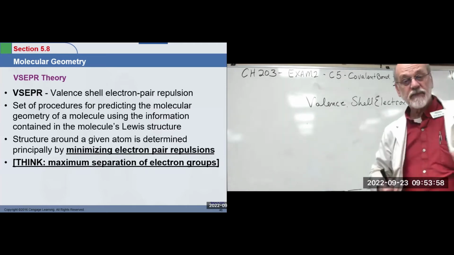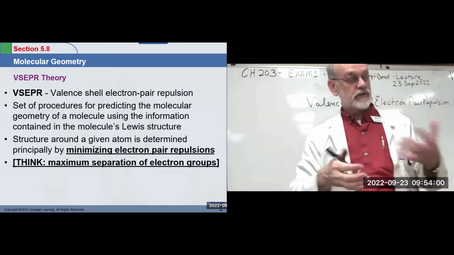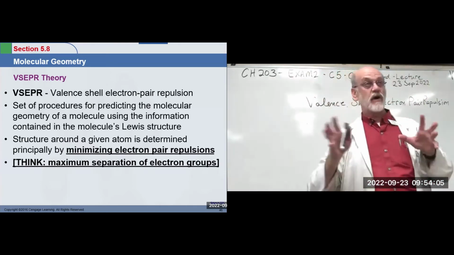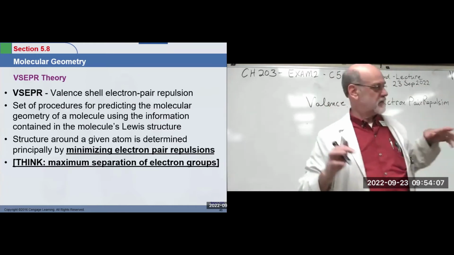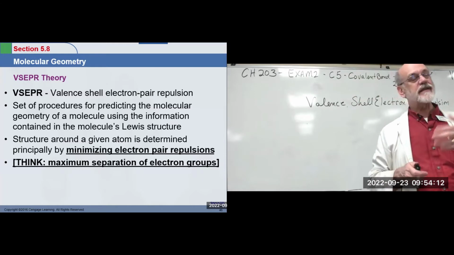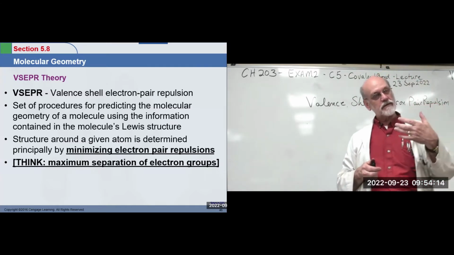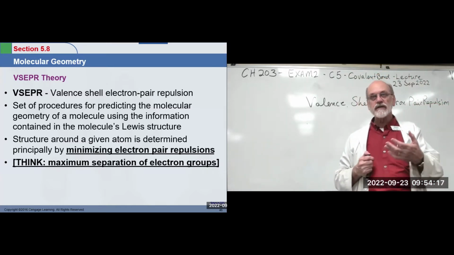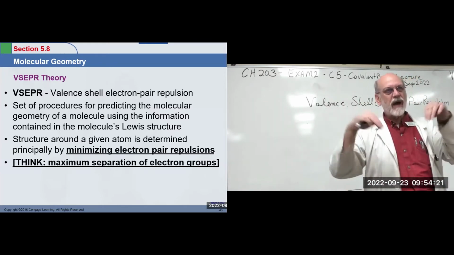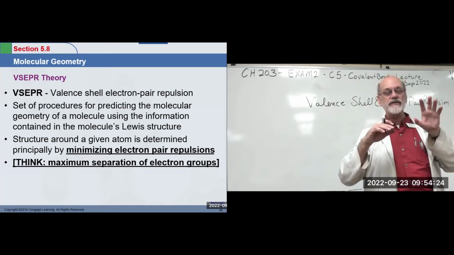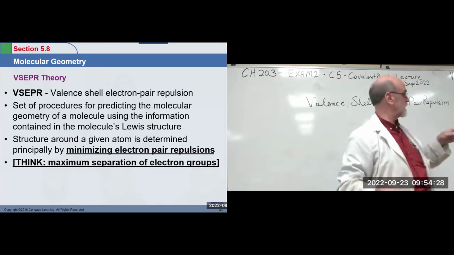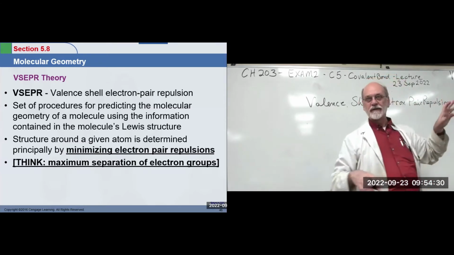What that means is, once you've drawn the Lewis structure, which is the first step, then you know where all the electrons are. And this model says that what you want to do to say something about its three-dimensional structure is you got these electrons that are lone pairs and in the bonds, and you say they try to stay as far away from each other as possible. That's the electron pair repulsion.